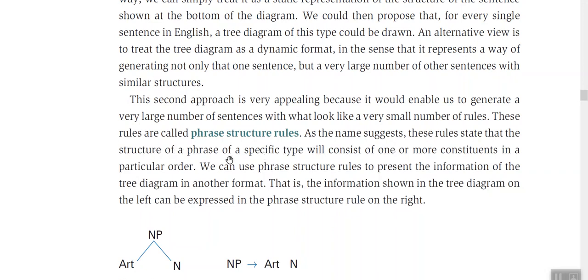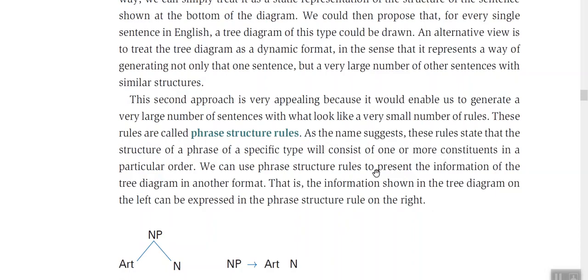So these rules are called what? They are called phrase structure rules. As the name suggests, this is the definition of phrase structure rules.